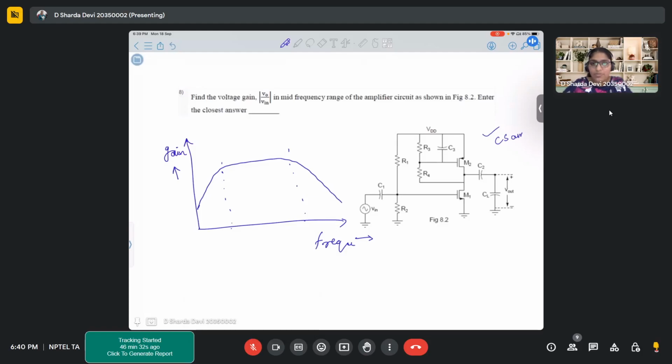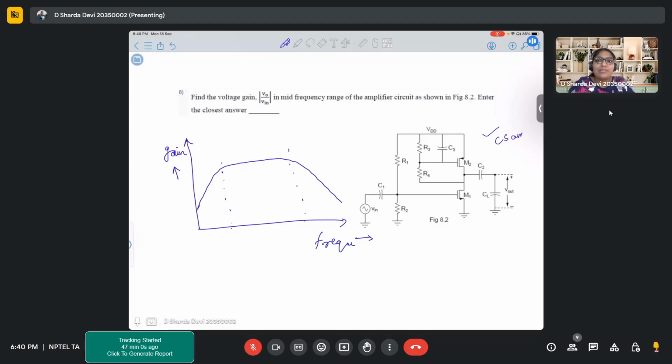From this profile you can observe that it is somewhere in between, not in the low frequency or the high frequency region, where your gain stays constant. Ideally, let's say you are designing an amplifier with a gain of 80 dB. You want your amplifier to provide you a gain of 80 dB, right?